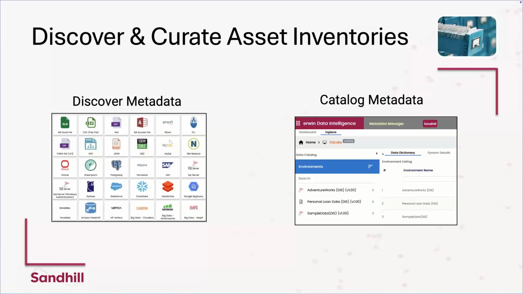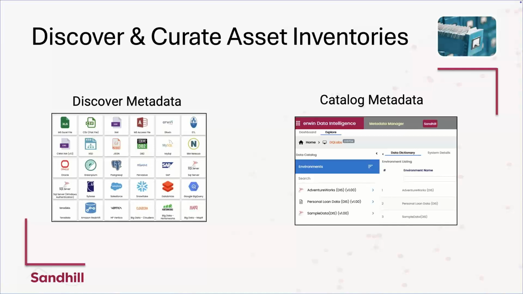And of course, once we've discovered this, we can catalog it, right? So then we can see, where did it come from? What kind of metadata is in there? This would include all kinds of details like data types, definitions, and all the other information that we need to discover about the information, so we can assess its quality as well as its full inventory.